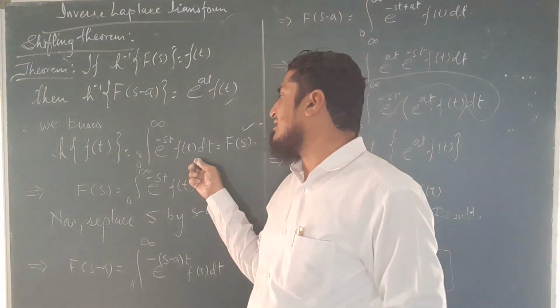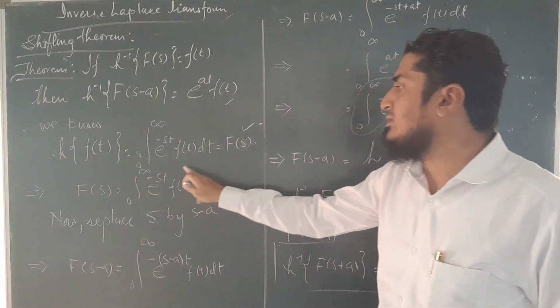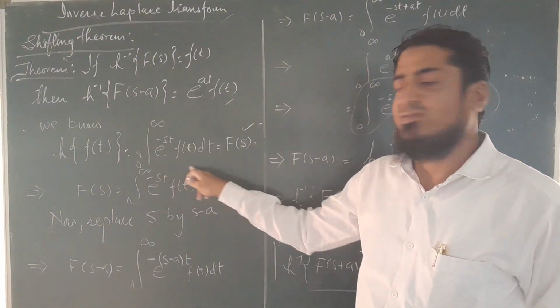The definition of Laplace transform is that the Laplace transform of f of t is equal to the integration from 0 to infinity of e raised to minus st f of t dt.